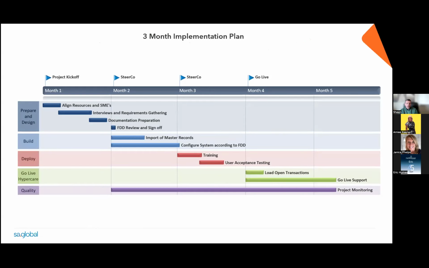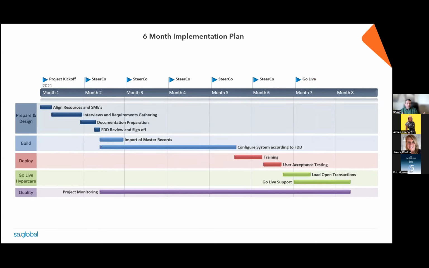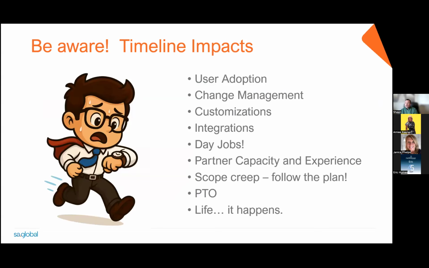Here's a sample timeline. Y'all, this is literally a copy of one of our projects. It's really important to make sure that you're keen to the risk for timeline changes and what that means. So here's a 6-month implementation. What those timeline risks are, I have some here. Timeline risks are pretty simple. User adoption is one of the biggest ones.